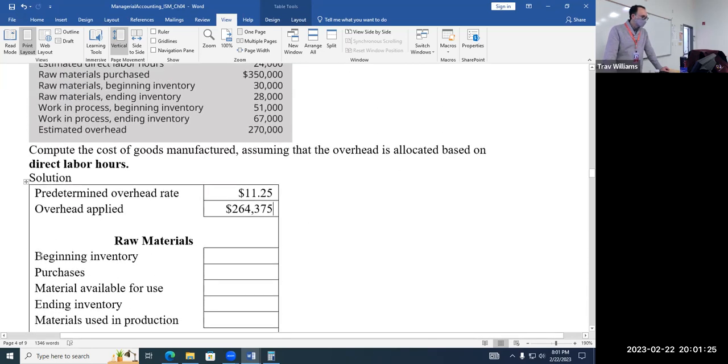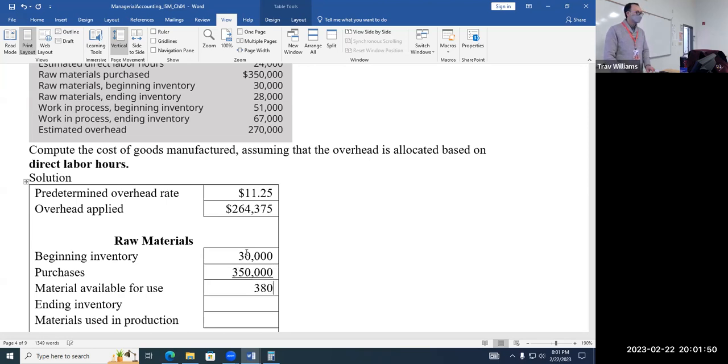Remember this formula? We've got beginning inventory plus what we added minus ending inventory. So that's what we're doing here for raw materials. Beginning inventory is 30,000. Raw materials purchased is 350,000.